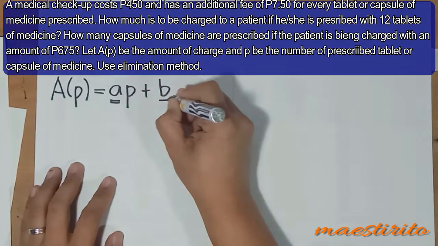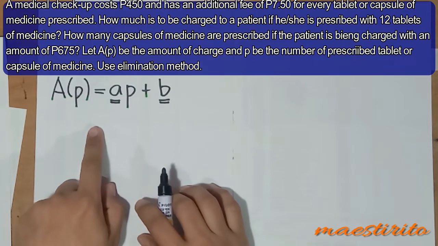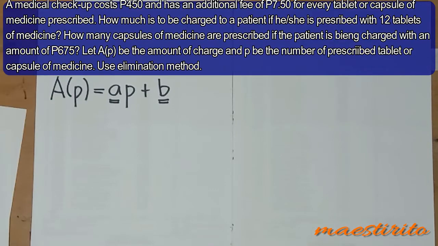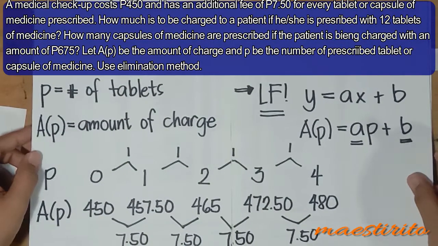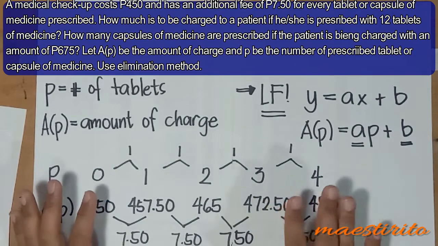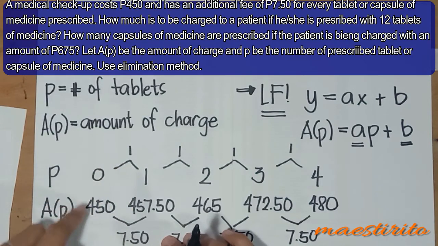So a and b. For this case, I will be using the elimination method. Going back to the table of values, if I am going to employ the elimination method for this problem, I will avoid using 0 and 450 as my point, because if I use 0 and 450 as my point, then I can no longer use elimination.